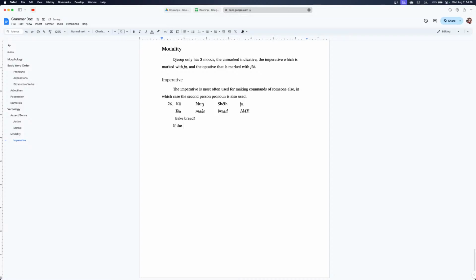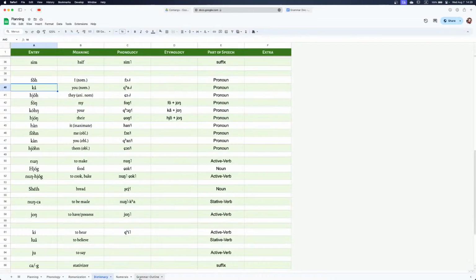If the first person pronoun is used, its meaning changes to let's do something.